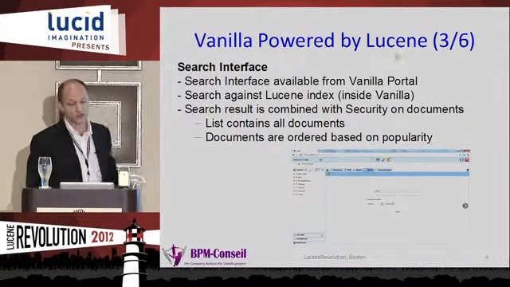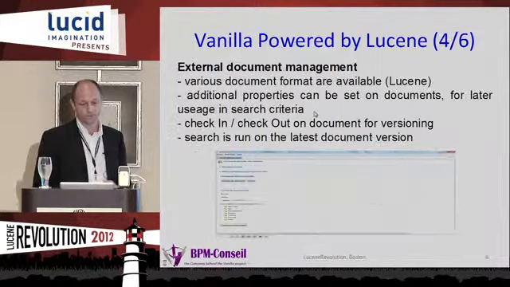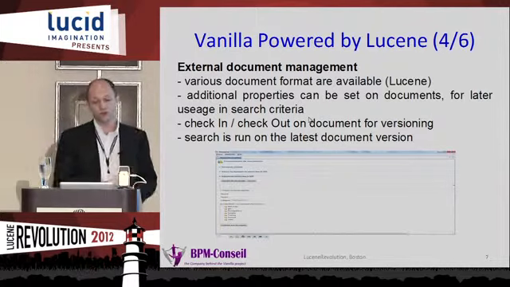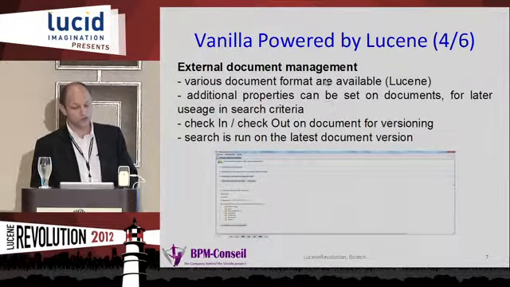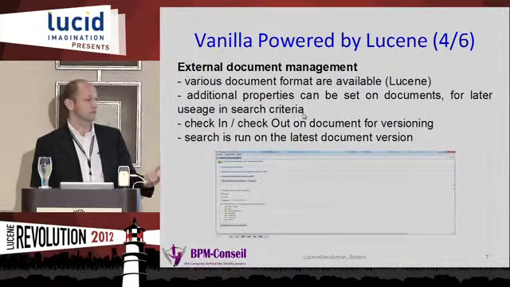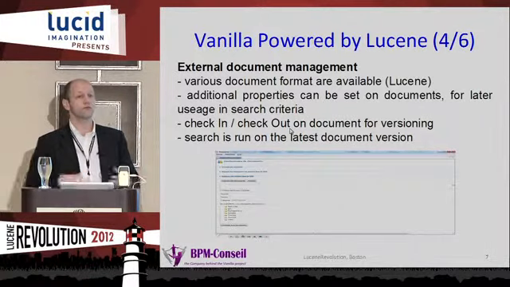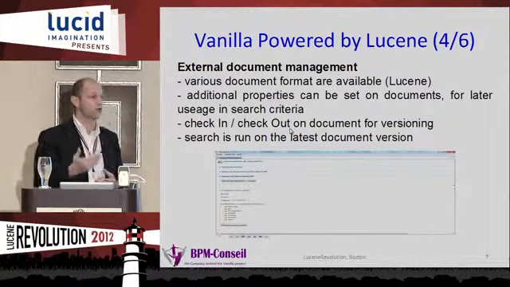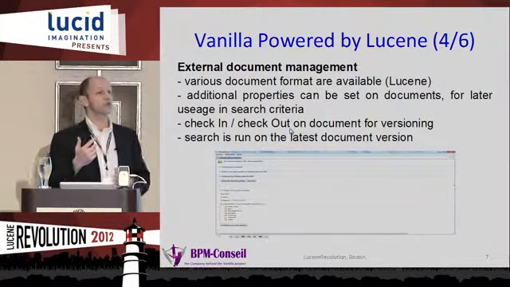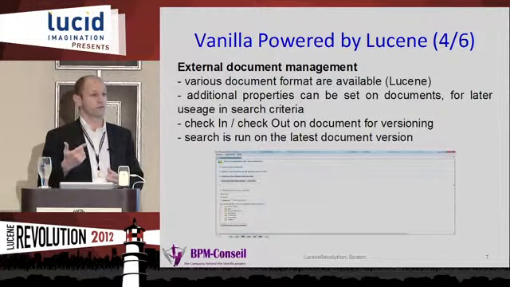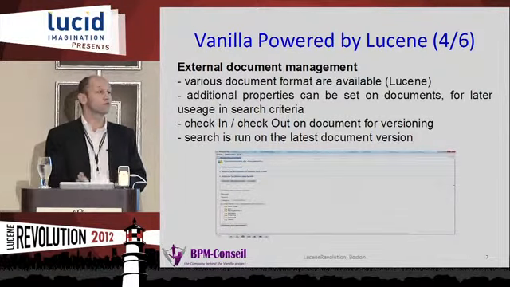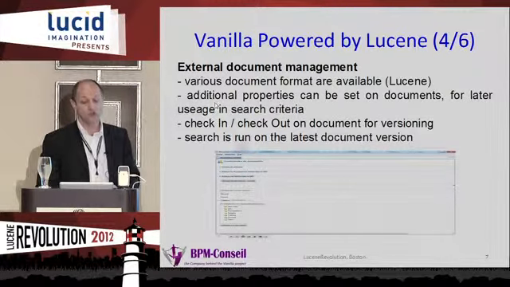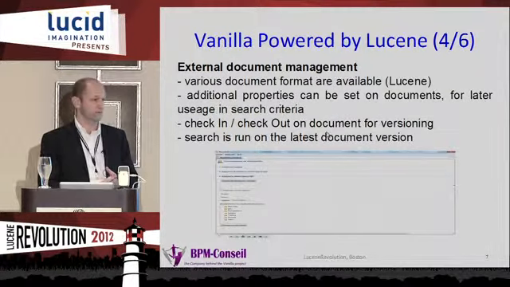Okay, so for search results, you have different strategies. External documents are exactly the same. You can add different properties. You can have a check-in, check-out, because your Word document can have new versions. For your internal reports, we use BIRT, for those who know. It's not check-in, check-out, it's a new version of the report. If every month you run the report, you have a new version. And for search, we decided to run the search on the latest version of the document.